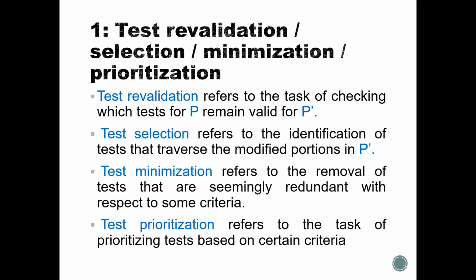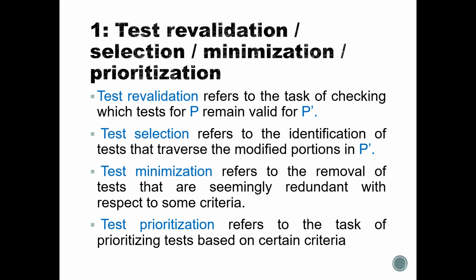The second task is test selection, which means the identification of tests that are going to traverse the modified portion of P dash. Whatever you have modified, you need to find a test case which can cover this whole portion.